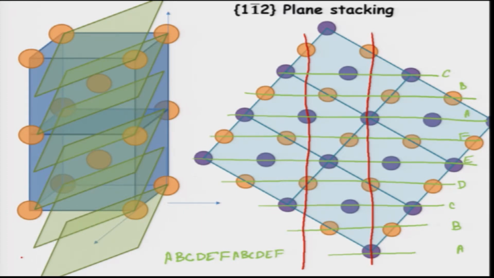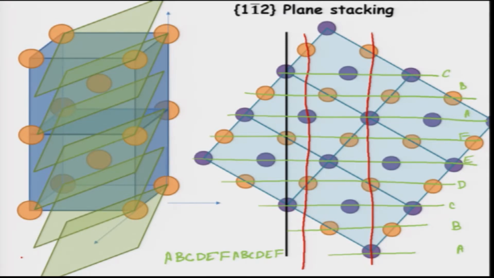So, this is 1, 2, 3, 4, 5, 6, and the 7th layer and the 1st layer are similar. I have drawn this red line to show that this lies just above it. Compare this one also: this is C layer and this is also C layer, and you can see that it lies right on top of it.